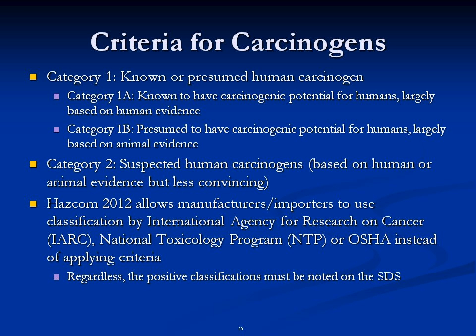And if IARC or NTP has evaluated that substance, then under the OSHA regulation, we're allowed to rely on that classification. OSHA does require that you identify any substances at a tenth of a percent or greater in your mixture that have been identified by IARC or NTP or OSHA as carcinogens in the safety data sheet, and I'll remind you of that later.